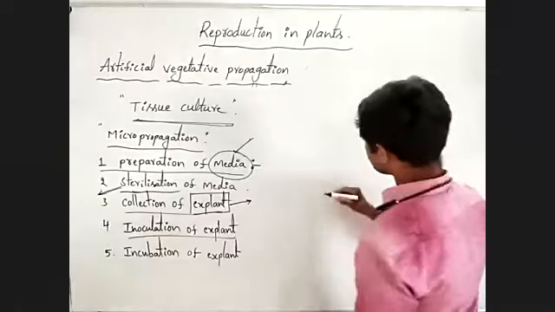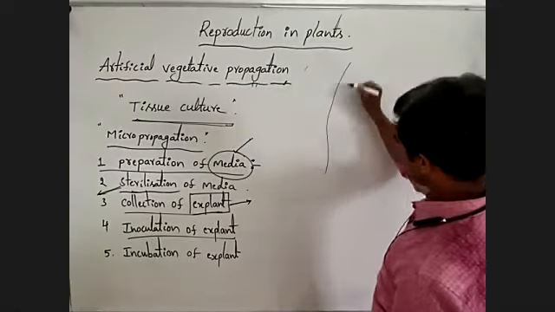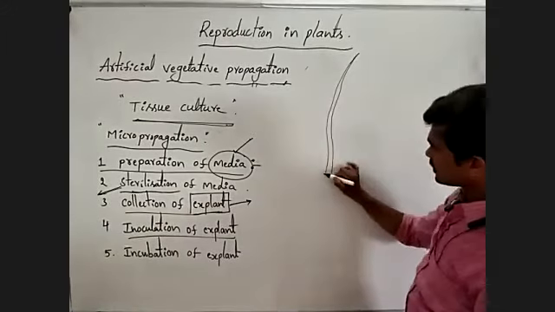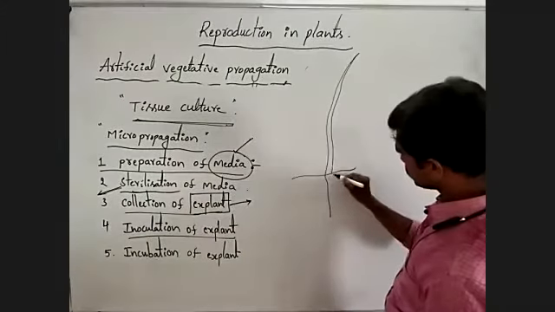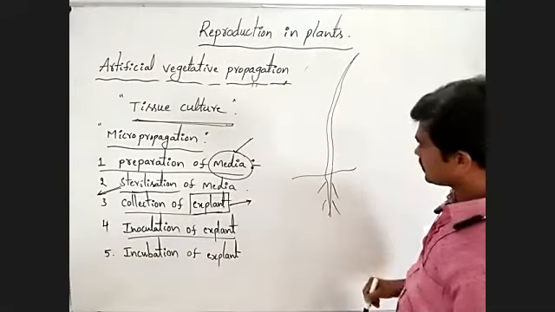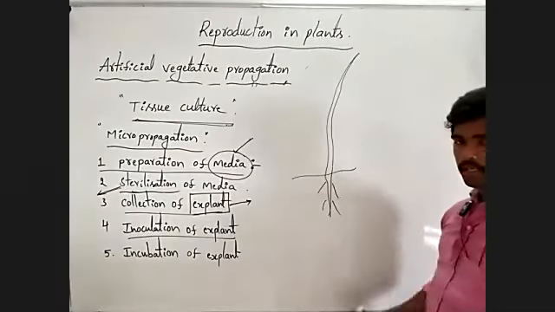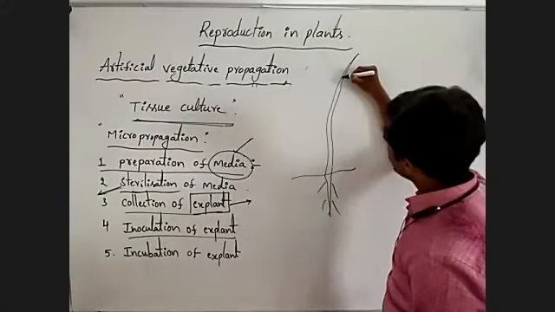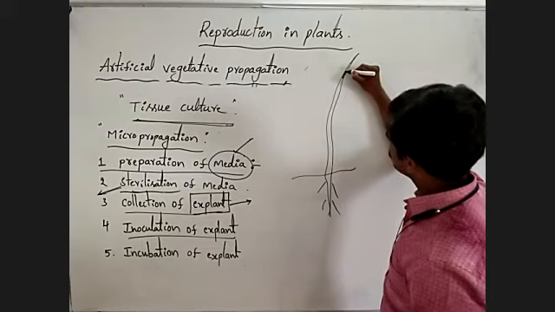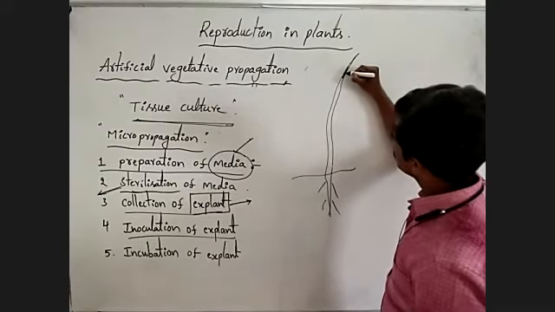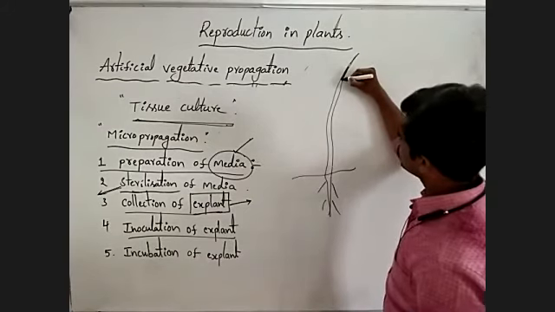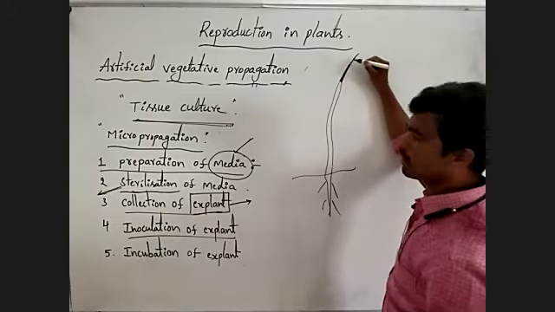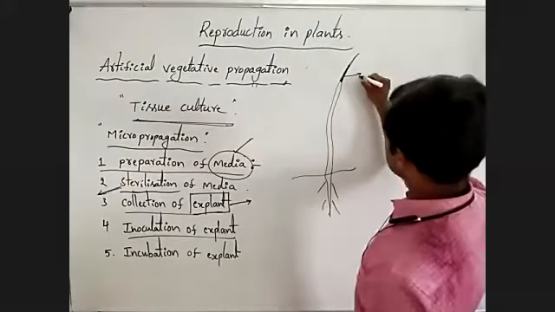For example, if a plant has different types of diseases, but the meristematic tissue is free from the diseases.